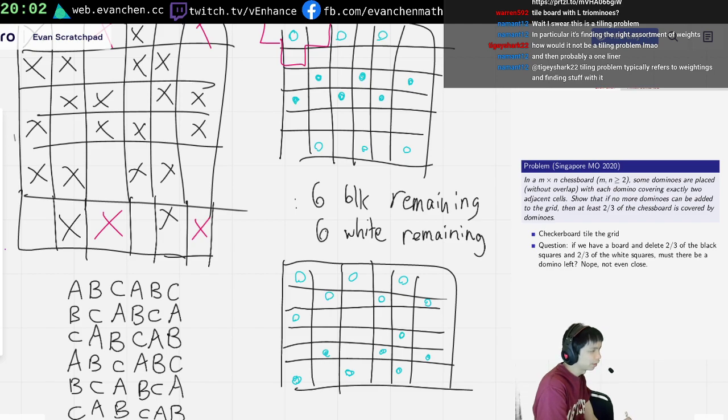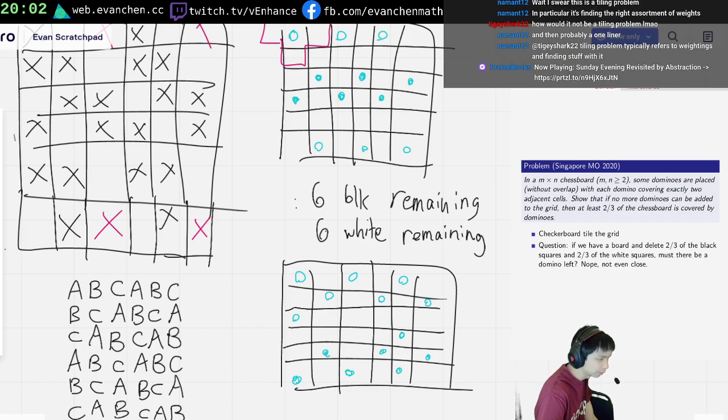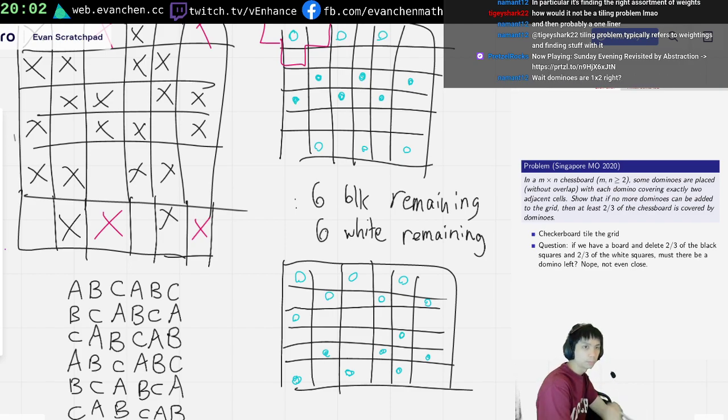And also M and N aren't given to be divisible by anything nice. So your tiling will always miss some things. Yeah, 1 by 2 dominoes.